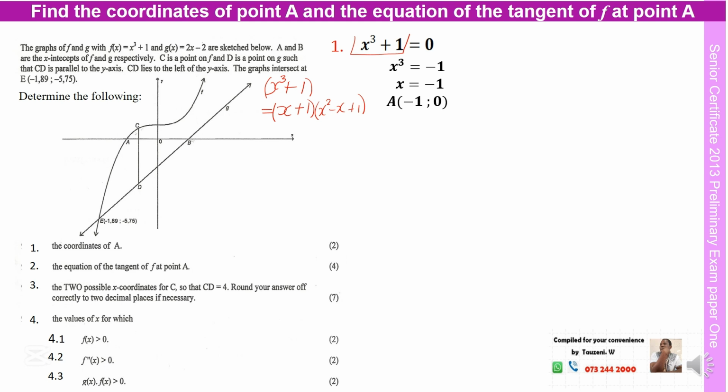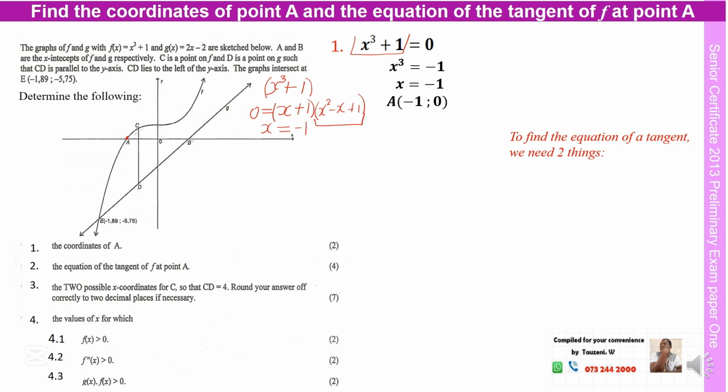Then from here, if this is equal to 0, we get x is equal to -1 from the first bracket. This other one has non-real roots, and hence the graph is crossing the x-axis at one point, which is point A. So the coordinates of point A are -1 and 0.